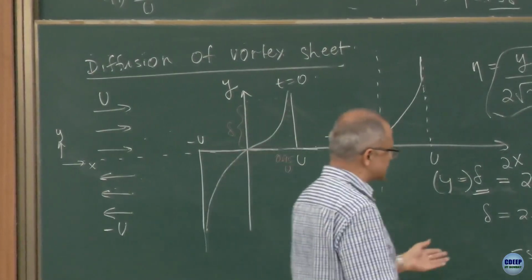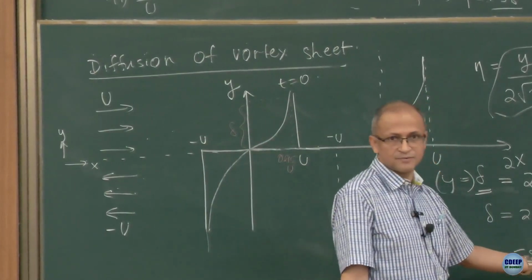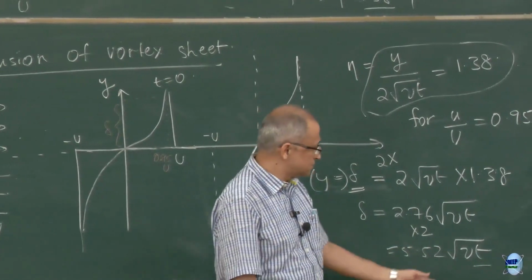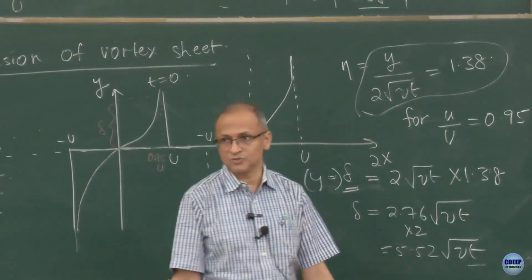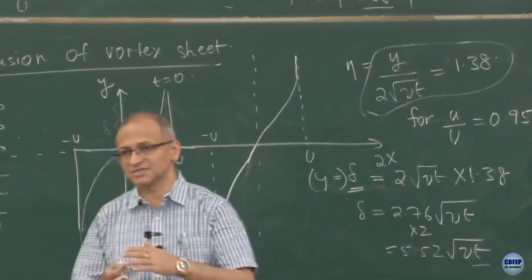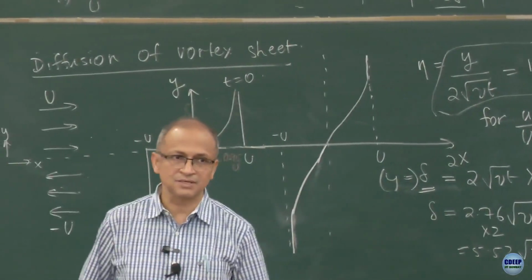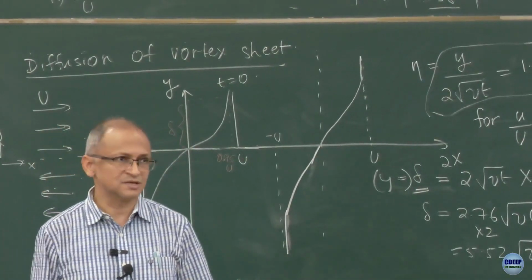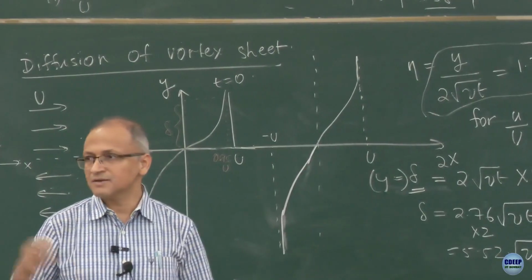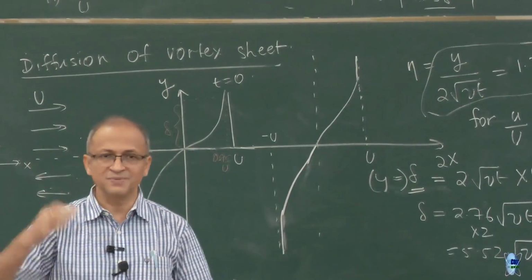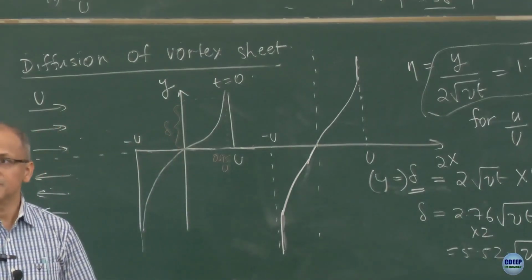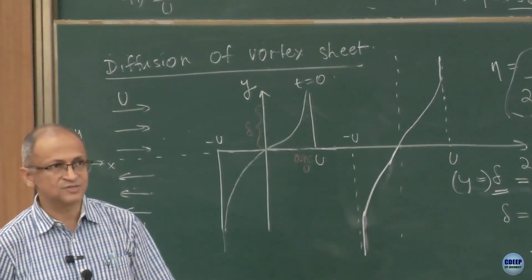So you can see that delta will increase by a factor of 10, because of the square root dependence on nu. That means that in the first case it has a certain thickness, and in the second case, when CMC has been added and the viscosity is increased by a factor of 100, the diffusion thickness would be 10 times whatever you were finding earlier. Right? So is this clear now?